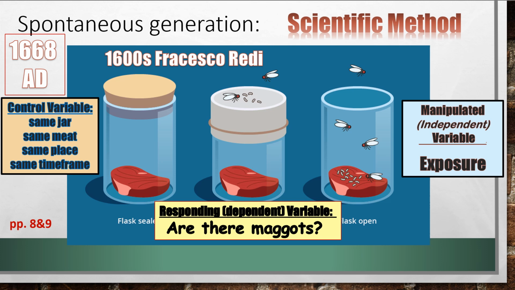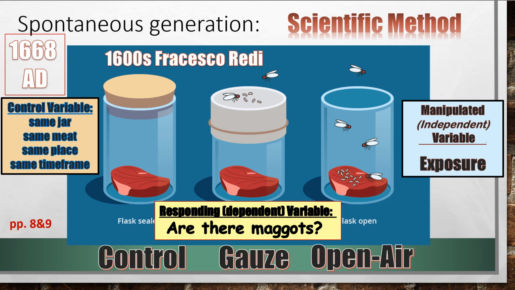And Francisco Redi changed the exposure to the air. The first one was corked and sealed, so it was the control. The gauze allowed air to go in and out, but nothing else. And then just open air in the jar. And so the dependent variable, the responding variable, was whether maggots would form on top of the gauze, not touching the meat, and then on the meat because the flies could get down to the meat.